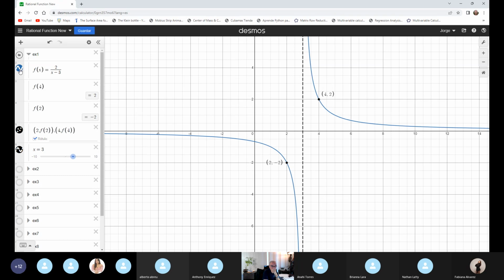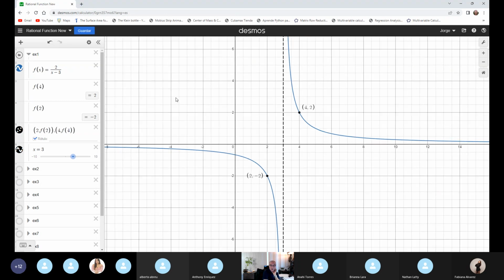And the vertical asymptote is at x equal 3. And normally the convention for the vertical asymptote is a black dotted line. Guys, when you are doing this in your test, you click here to share the graphic.